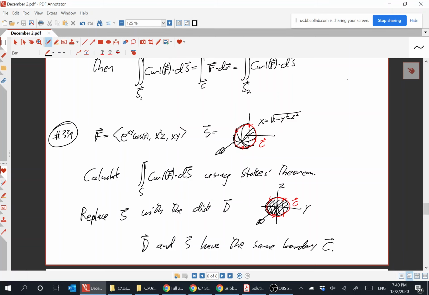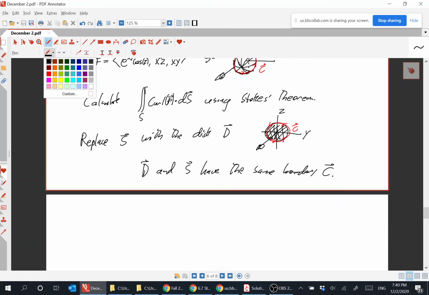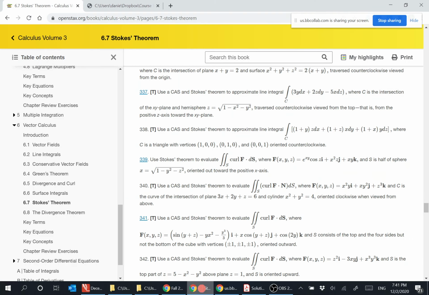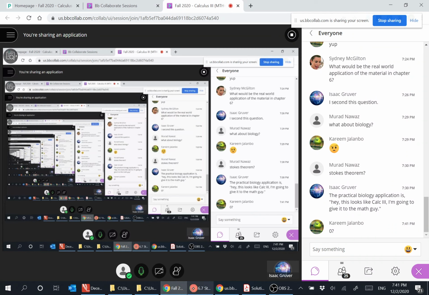Okay, so let's parameterize the disk. r of y, z, which is what? Well, y is y and z is z, and then what is x? What's x in this case? Just 0.